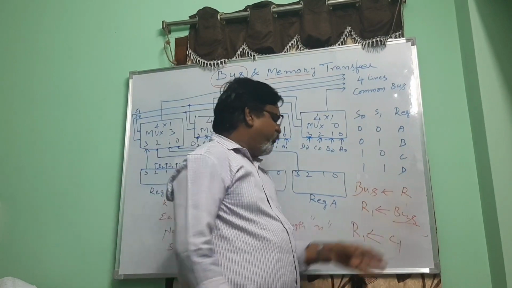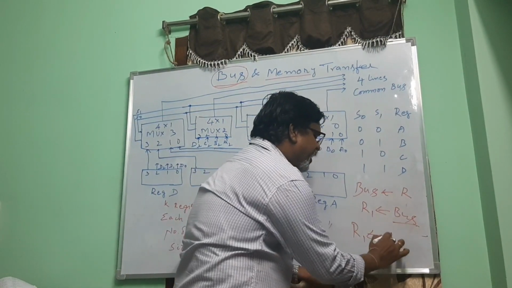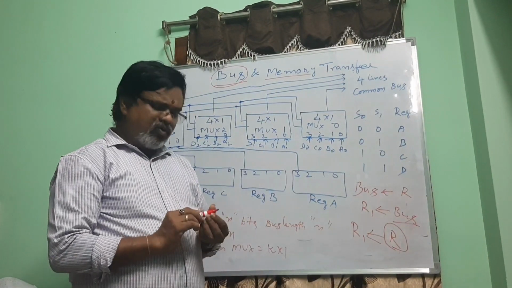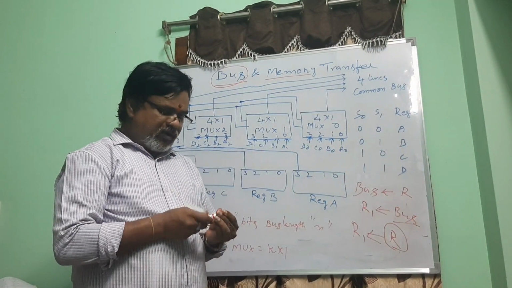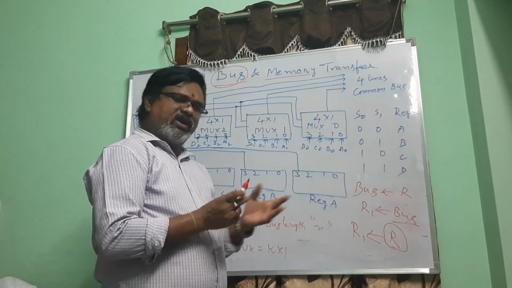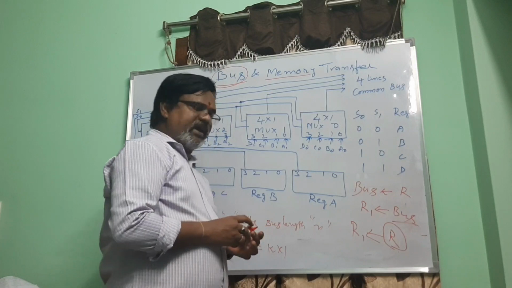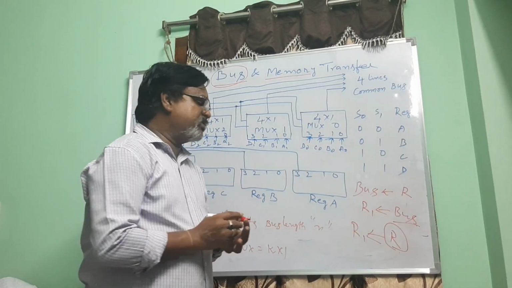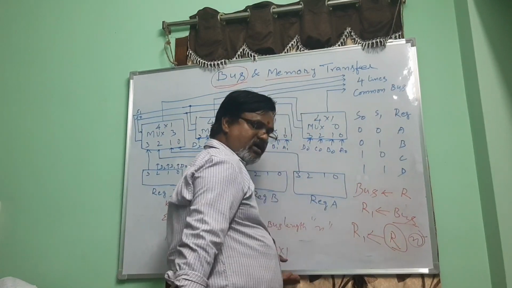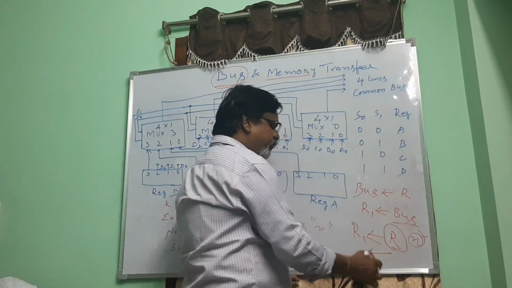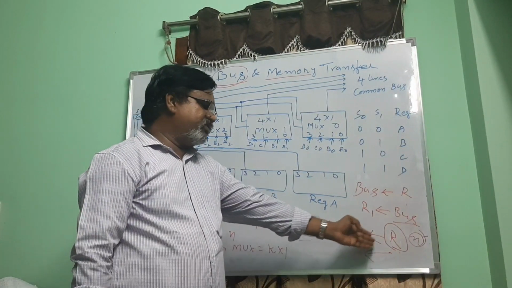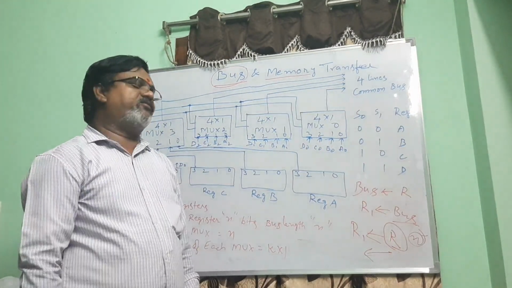If you want to store the data that is in the register R, don't bother about the number of bits in the register R. It may be any number of bits, let us assume n bits. If you want to copy the n bits of register R to register R1, we have discussed previously that this is the notation for transferring data from one register to another.